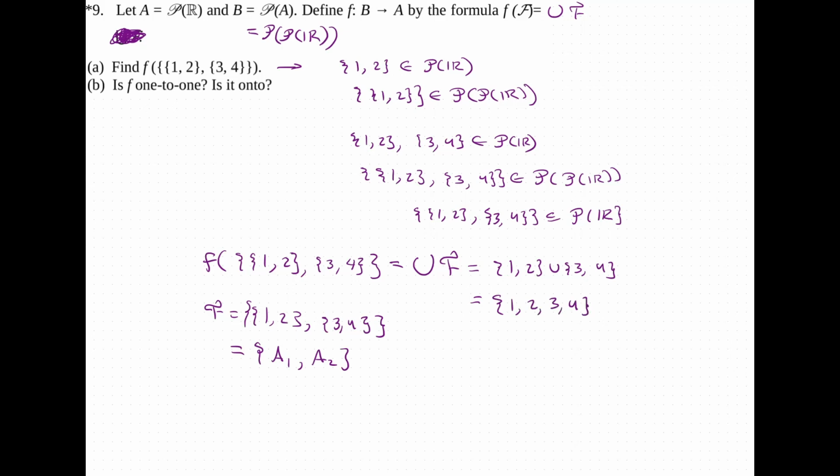And this here is an element of the power set of the real numbers, because it is a subset of the reals. And so we do see that this is in fact mapping to the power set of the reals. And so we have found what its image is, what it maps to.